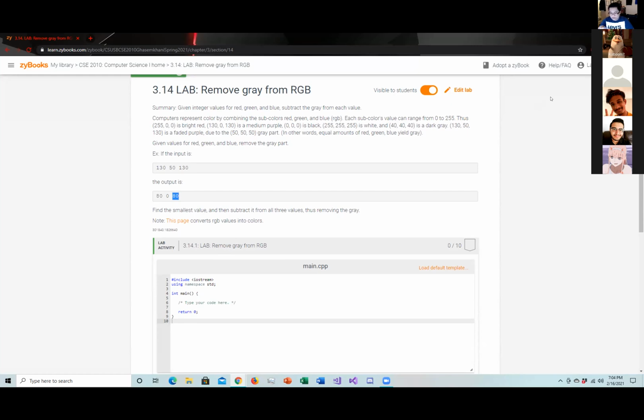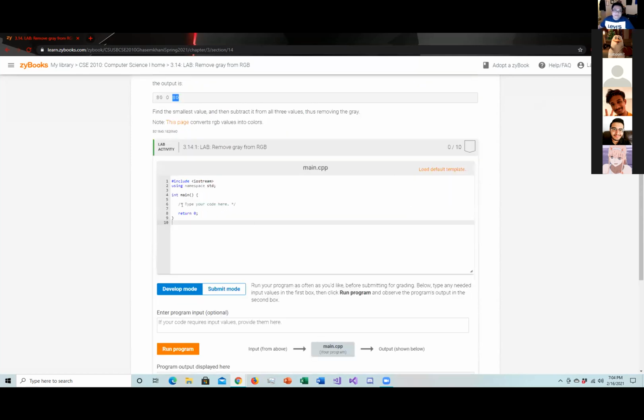So to go about doing a lab like this, how would we start it? Well, the obvious thing is to declare our variables. It looks to me like we're going to need 3 ints. What do you want to call these ints?